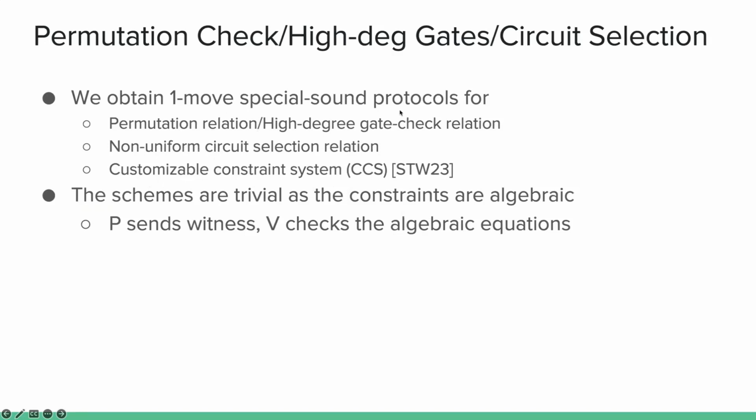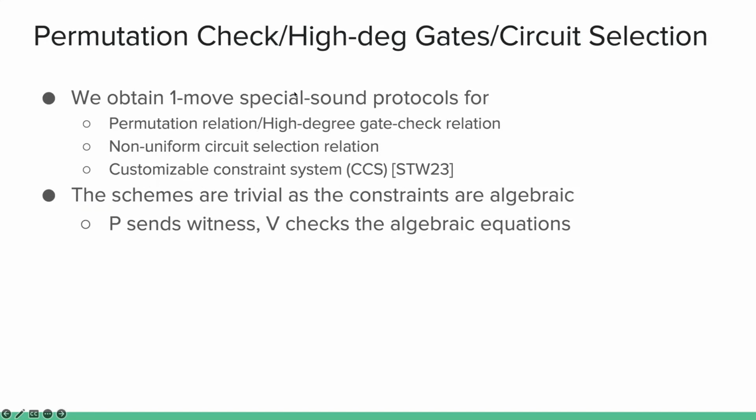And all these protocols fall in the same trivial pattern. The pattern is very similar to the naive protocol we mentioned before, where P just sends all the witness, and the verifier just checks this set of algebraic equations corresponding to these relations.